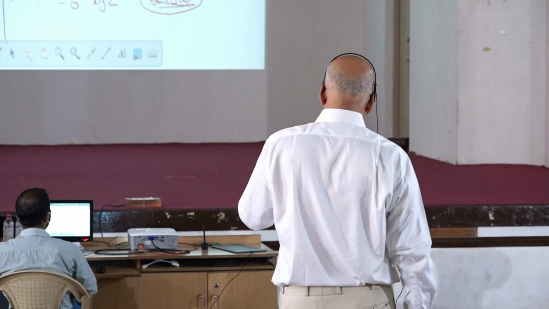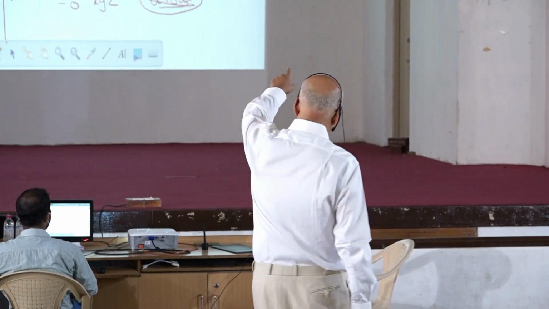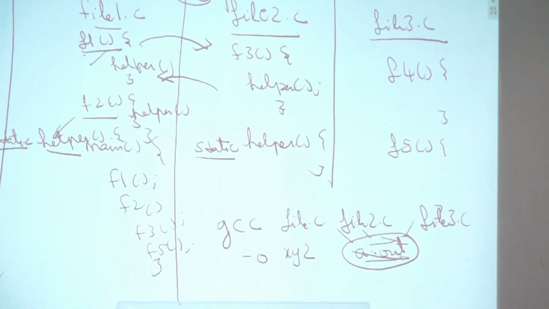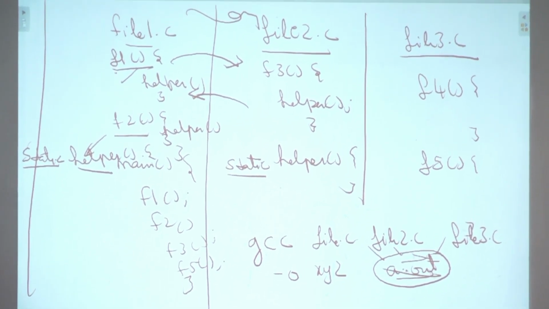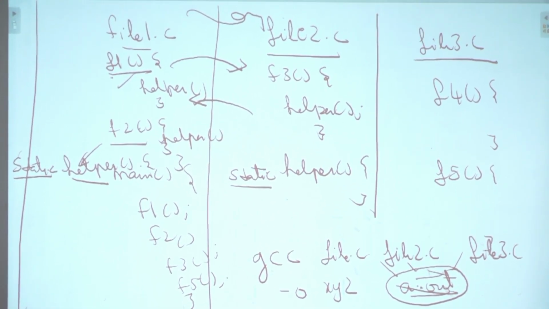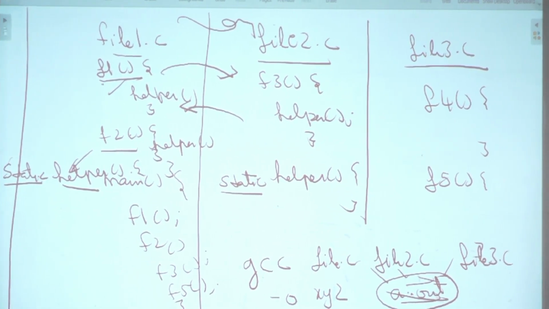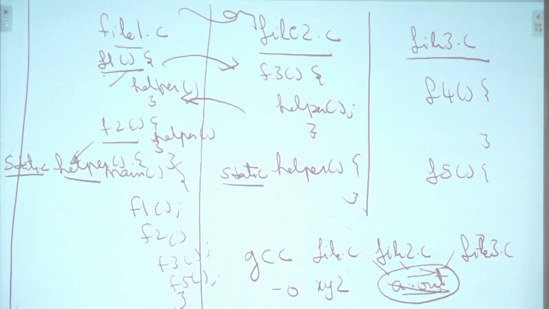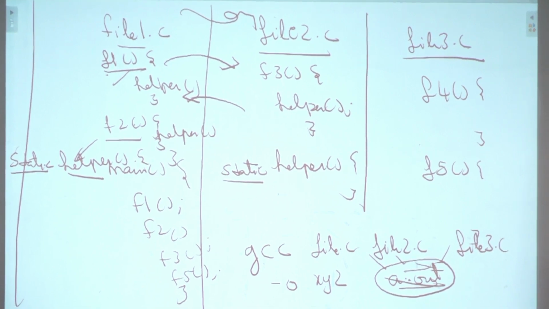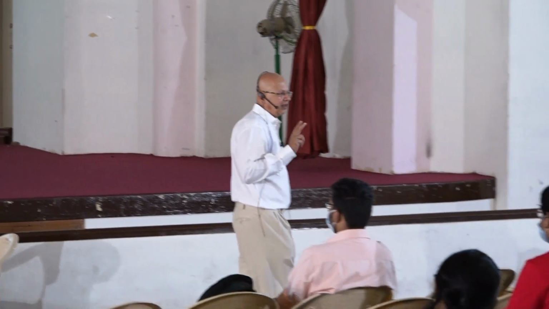On the contrary, if I didn't have a helper in the second file, that static helper would give straight away an error, because it will say this helper which is created in file 1 is not accessible in file 2, so there has to be a helper in file 2, and ideally it should be static. So now, are you clear about the two uses of the word static?